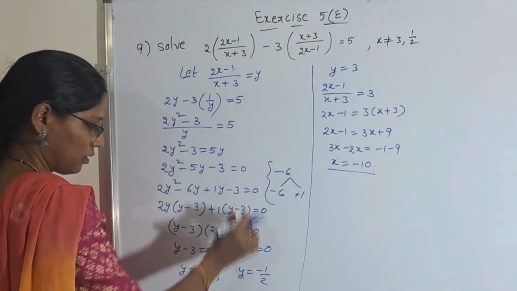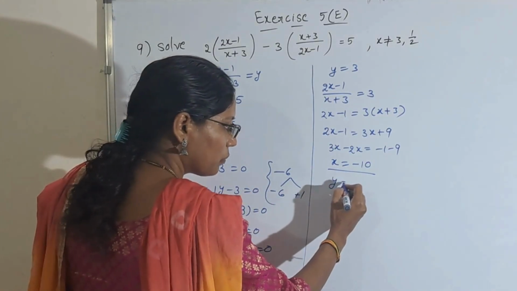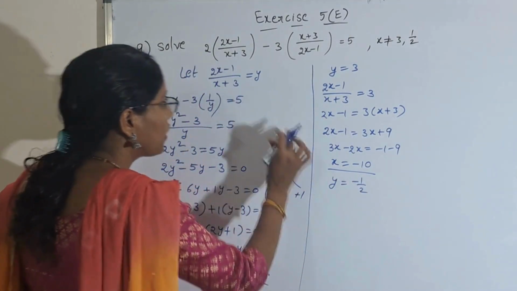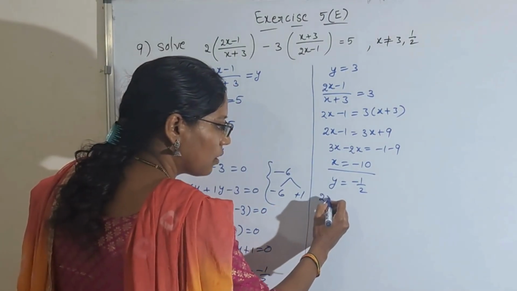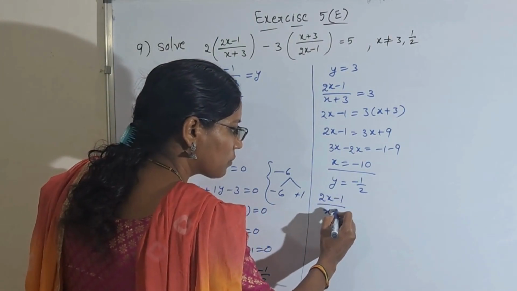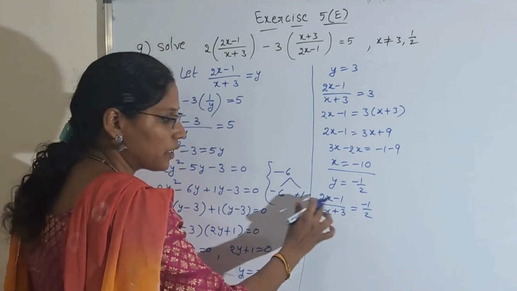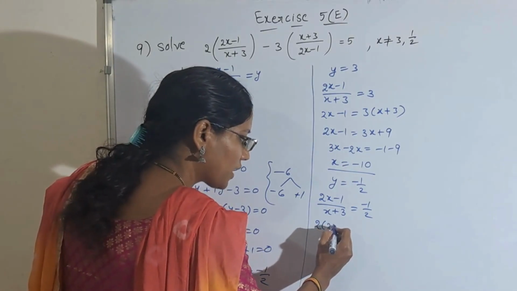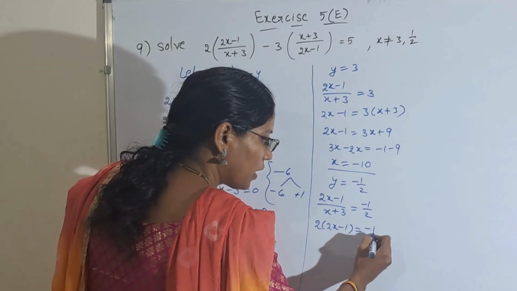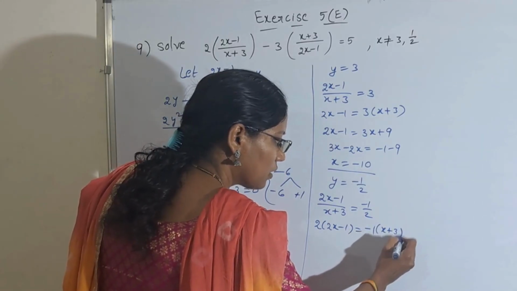Next, y is equal to minus 1 by 2. Y value is 2x minus 1 by x plus 3 equal to minus 1 by 2. Cross multiplication, 2 of 2x minus 1 equal to minus 1 of x plus 3.